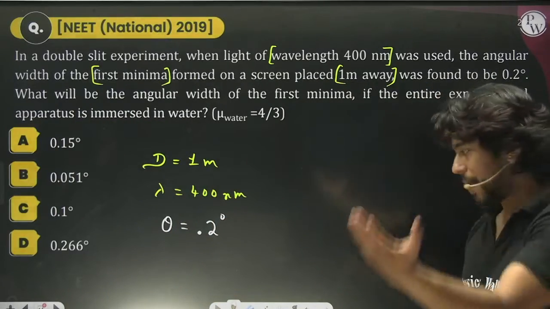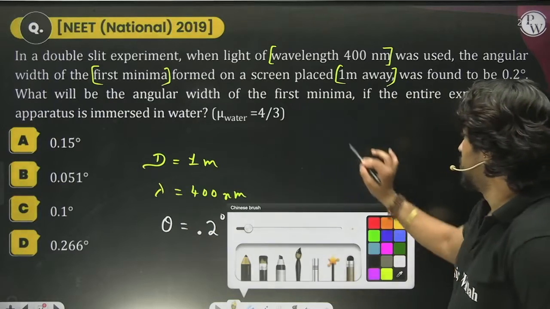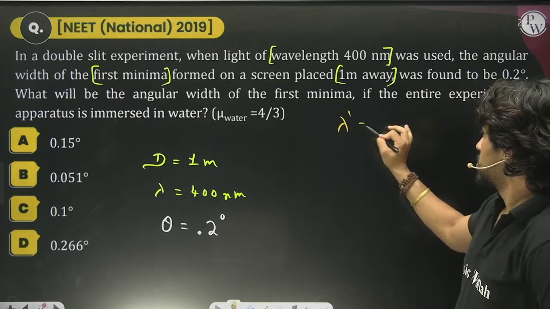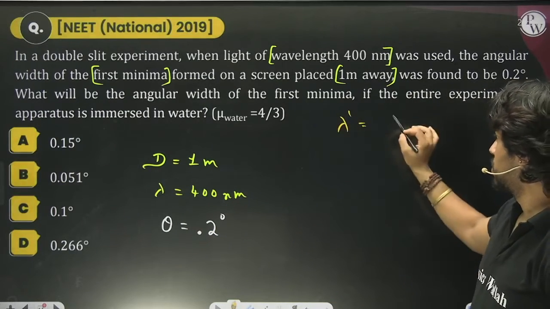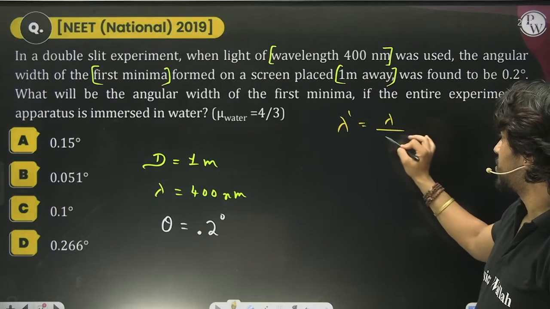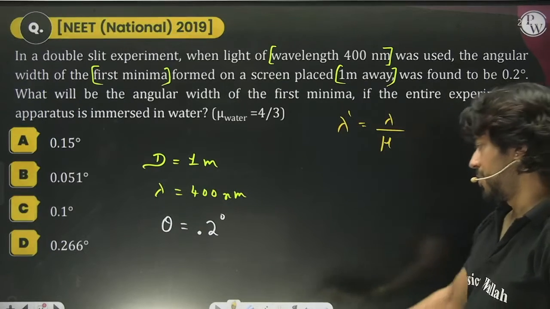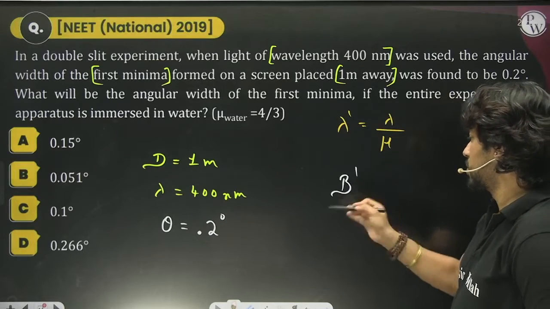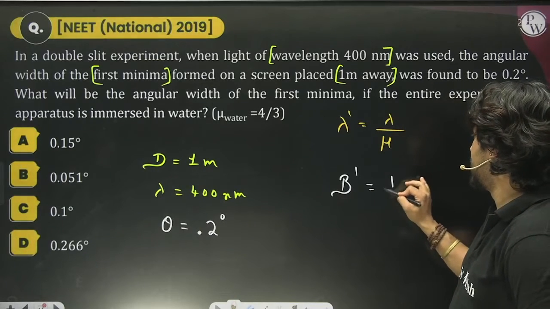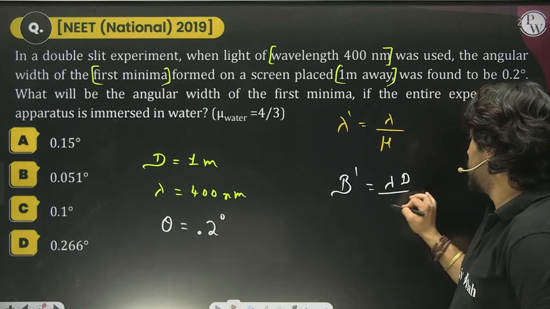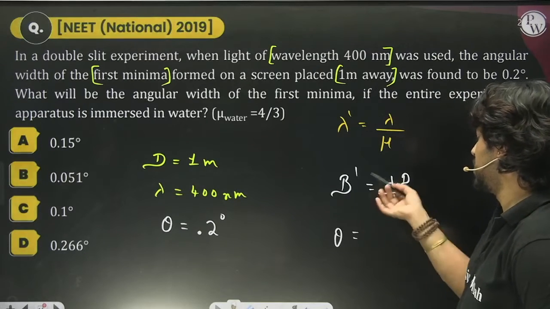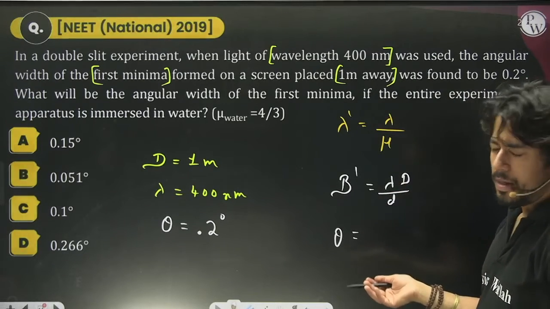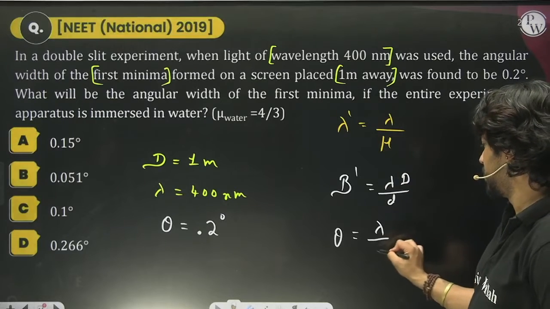What happens? We know that if you immerse the setup into water, the lambda changes according to the expression lambda dash is lambda by mu. So beta changes accordingly, and therefore theta changes accordingly. Beta is lambda D by d, and theta is simply beta by D. That means lambda by d is theta.